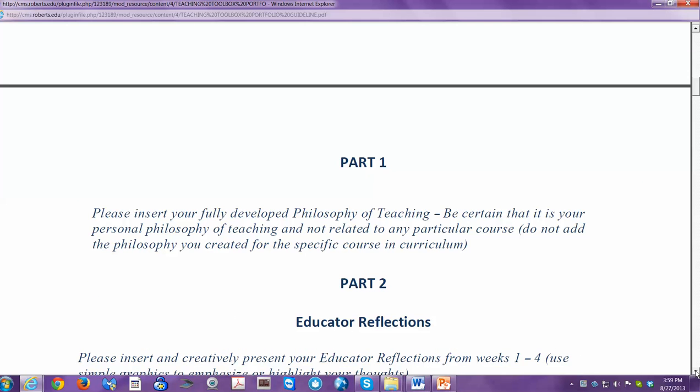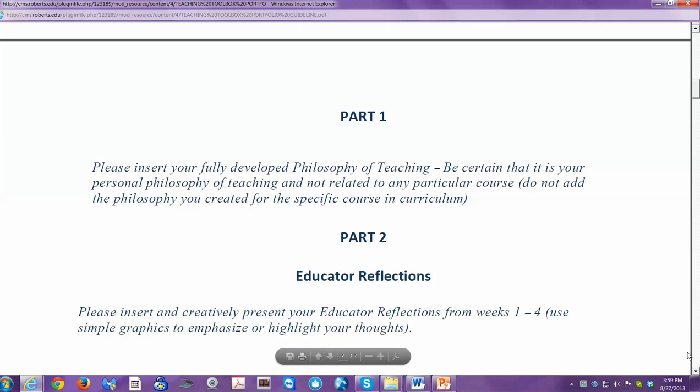Here's your philosophy of teaching. This is what you've already created. Certainly feel free to modify, enrich, or whatever you feel like you need to do to make it more reflective of where you are now. I know you developed your teaching philosophy early on in the program, so you might want to take a look at it.